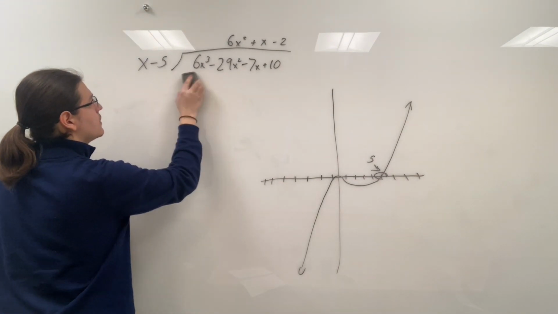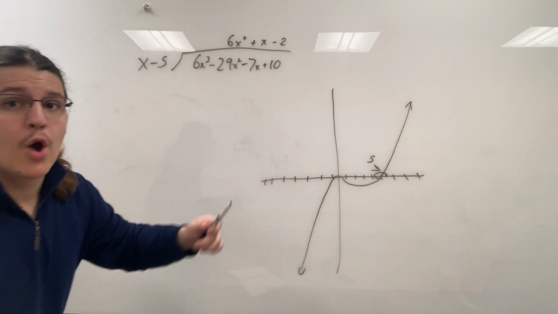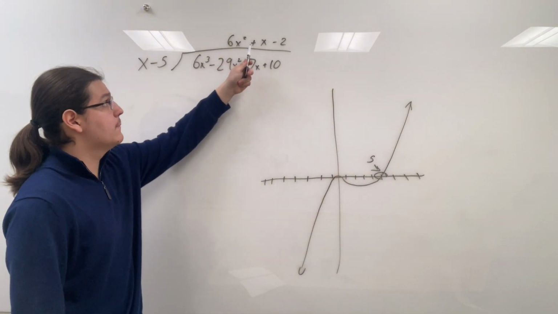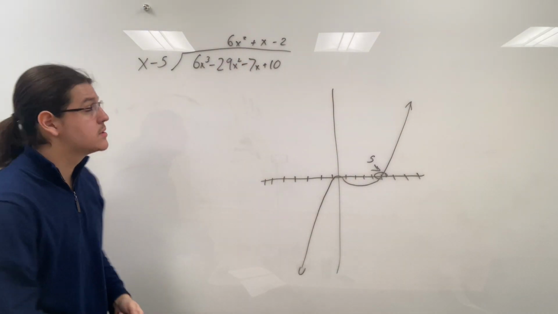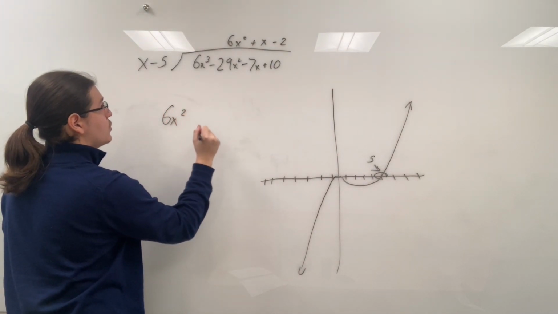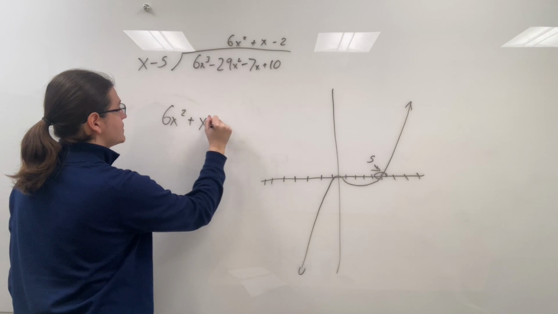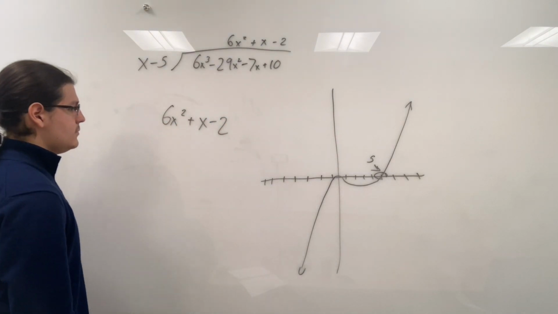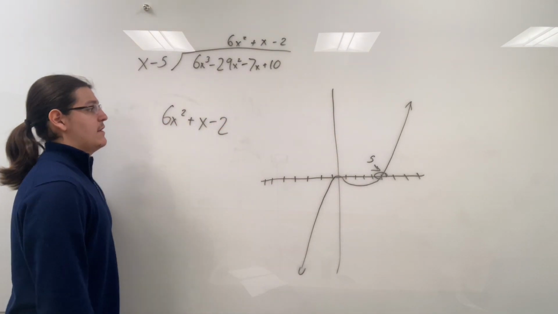Just this work, so that we can try and factor what we found, our quotient. So I'm going to write this down right here. 6x squared plus x minus 2 is a very nice quadratic function.